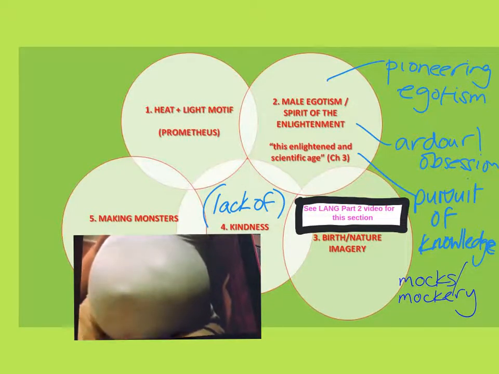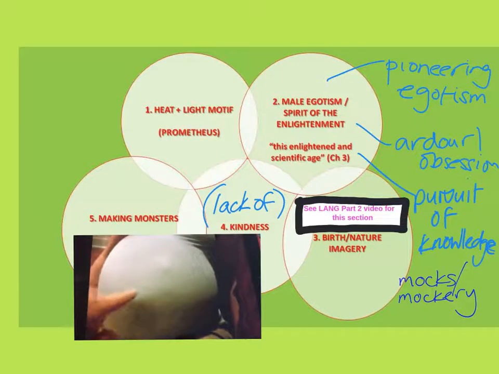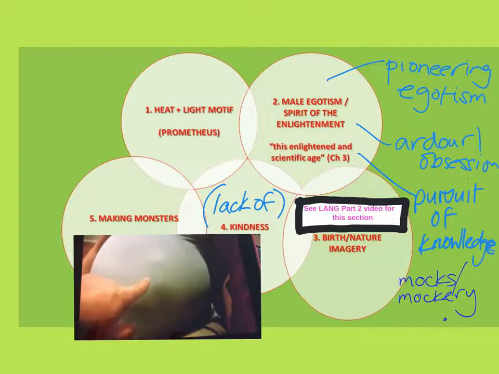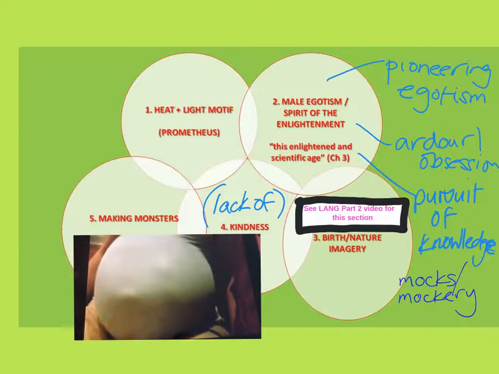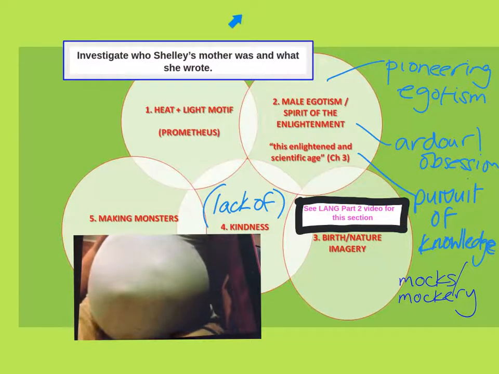So very important to look at how birth and nature imagery works in two ways really: as a romanticist novel, very influenced by romanticist and pantheistic values of the sublime, the divine element of nature, but also from what you'd have to say is a feminist reading of the novel, which shows the dominant and superior power of female creativity.